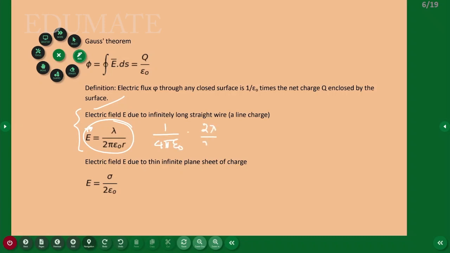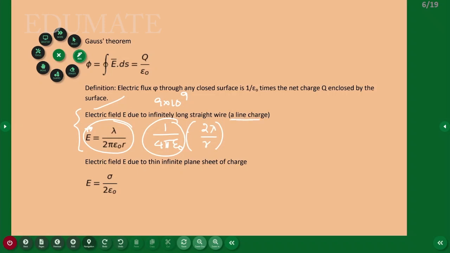This is easy because 1 by 4 pi epsilon naught is equal to 9 into 10 raised to 9. So this equation is used to find the electric field intensity due to an infinitely long straight wire, which carries charge, and therefore this conductor is also called a line charge.